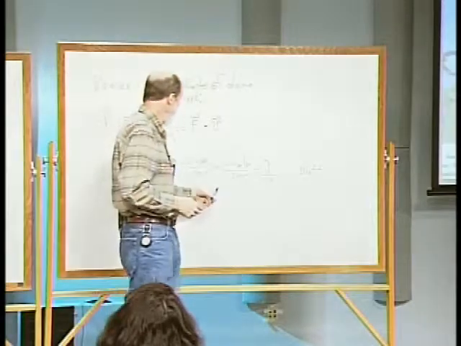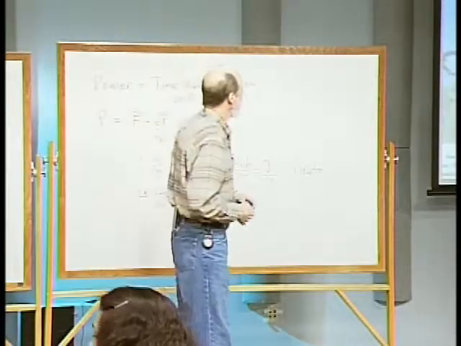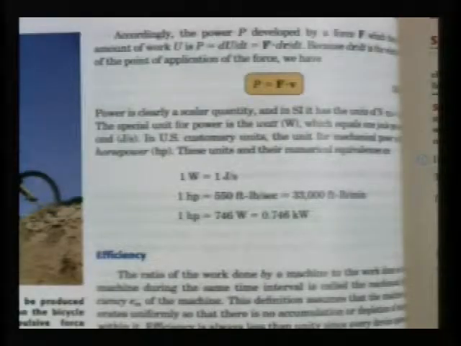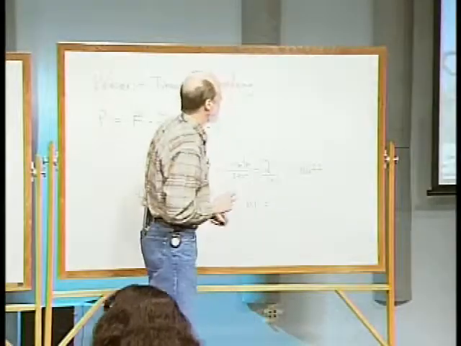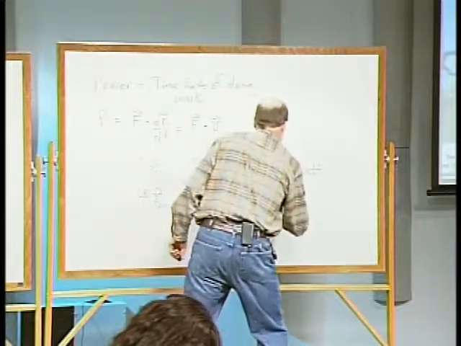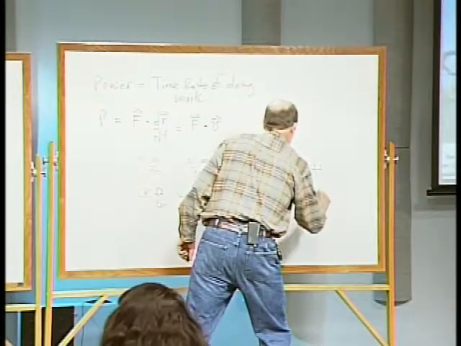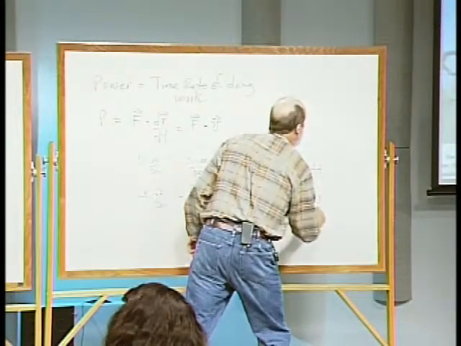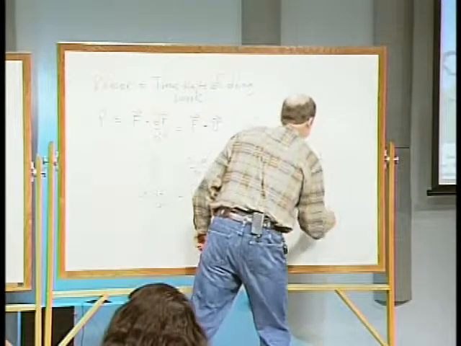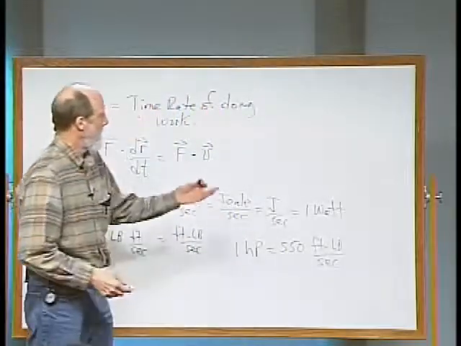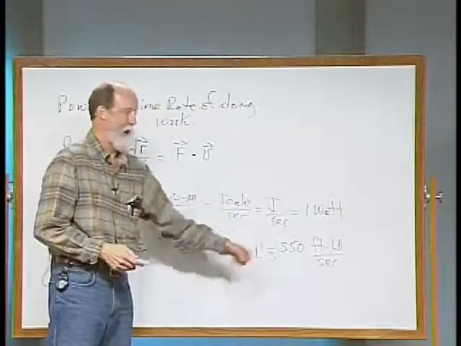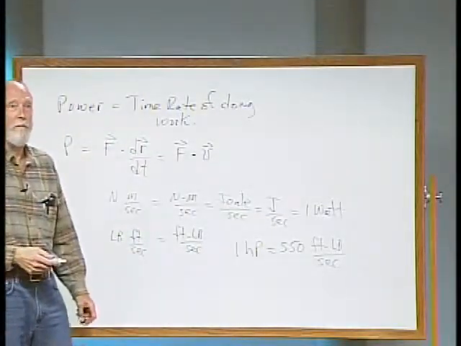And then we have foot-pounds per second and a horsepower, which is this archaic system that we're still living with in this country, which is 550 foot-pounds per second. And I never remember that factor. I always have to just look it up when I need it.